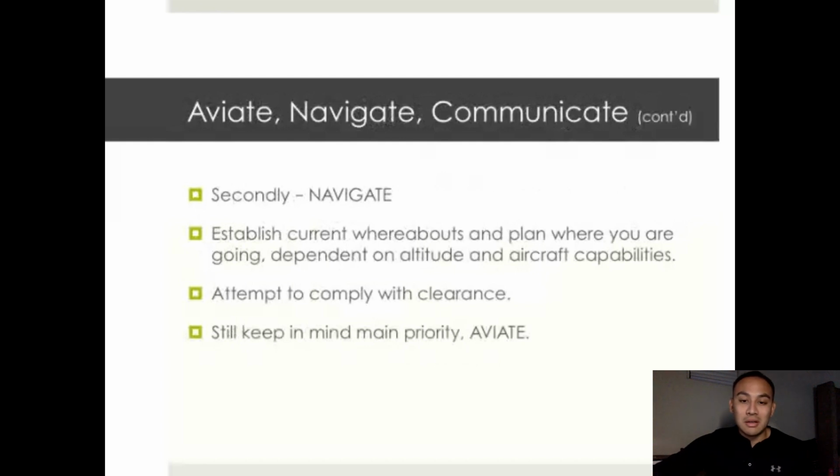It may be immediate or it may be postponed because the aircraft is slightly working and may be able to get you to where you need to go. From there, you want to attempt to comply with the clearance that you're currently at, depending on the altitude that you're at as well. Still keep in mind, like I said, aviate the aircraft first.